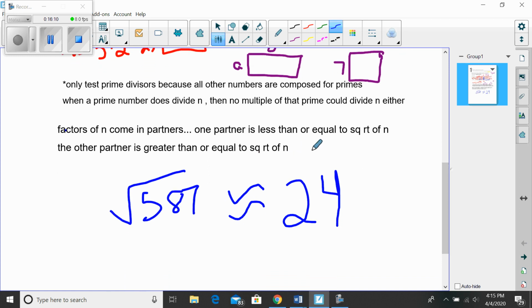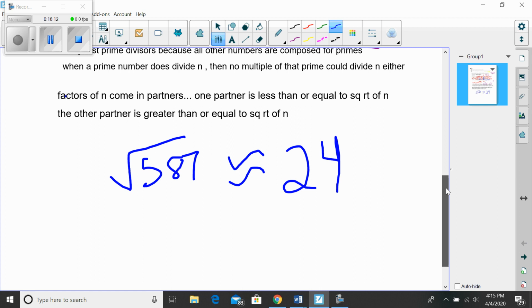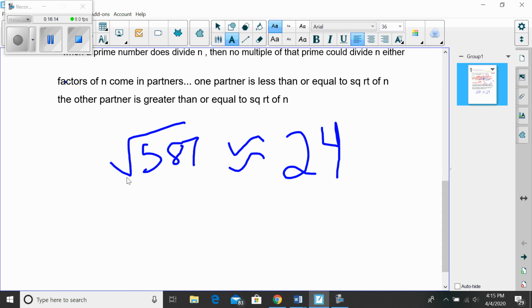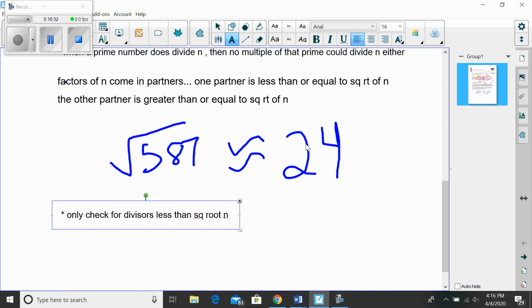So therefore, adding to my notes on how to make my life easiest, I only check for divisors less than the square root of n.